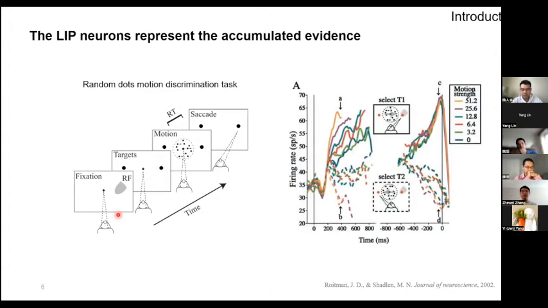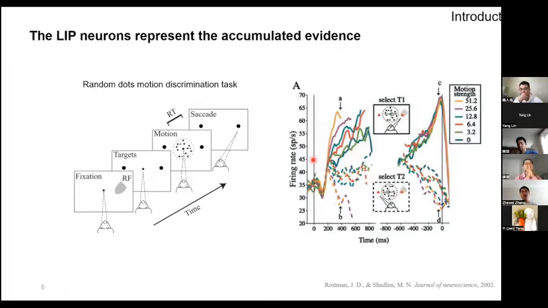The red panel shows the effect of the motion strength on the LIP neurons' firing rate. The average firing rate was sorted by the coherence, which was indicated by the color. The slope of the firing rate was linearly correlated with the coherence.